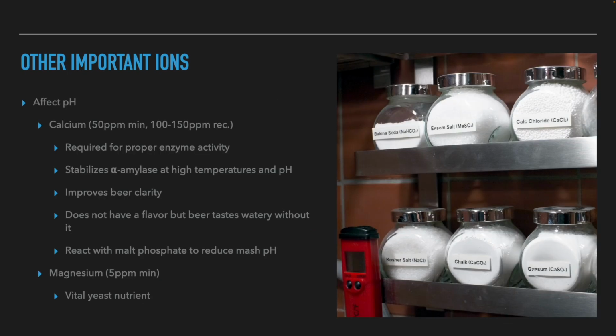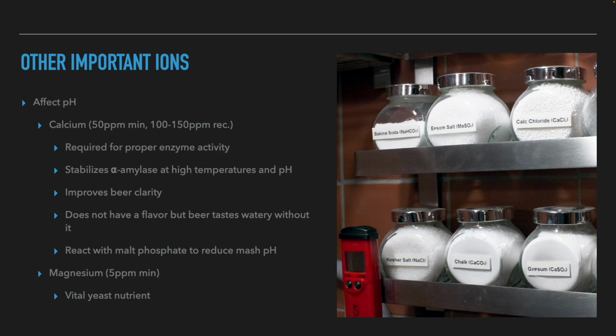The second influencer of the mash pH or residual alkalinity is the ion composition in the mash water. The main ions that affect mash pH are calcium and magnesium. These are ions that react with the phosphate in the malt and create acidity. Calcium is required at a minimum level of 50 ppm, but recommended values are between 100 and 150 ppm.